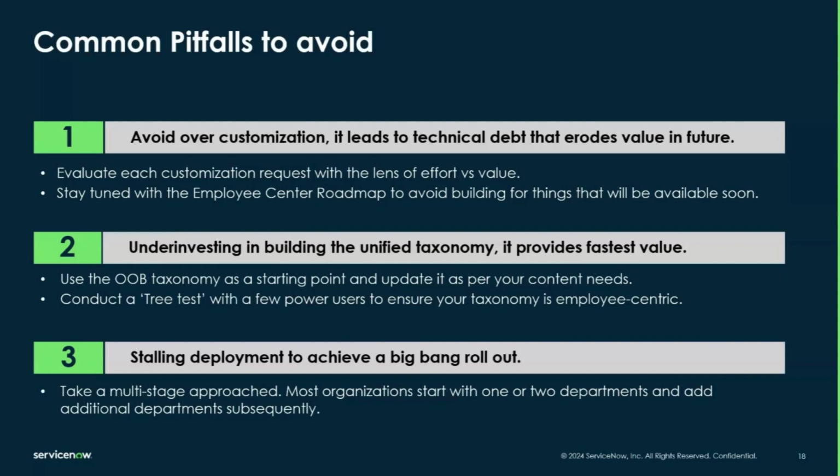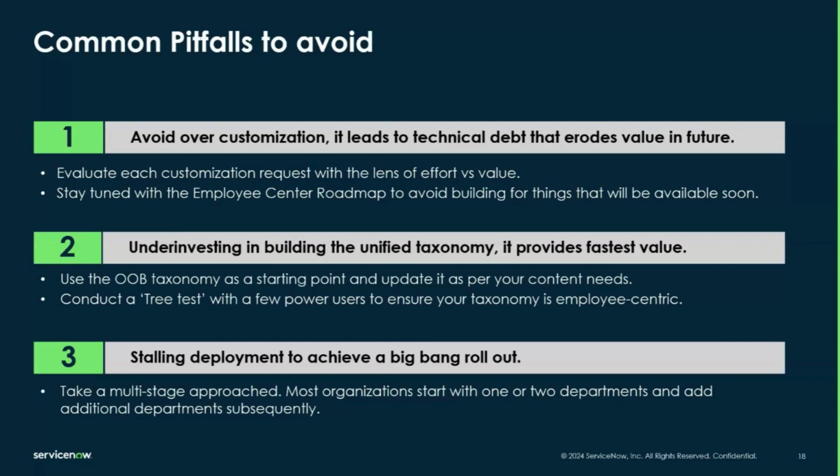The second common pitfall is underinvesting in building the unified taxonomy. Without this, the whole experience you're trying to create with Employee Center will quickly fall short. ServiceNow recommends you invest a ton in building an employee-centric unified taxonomy at the onset to achieve the fastest value for your deployment investment. The good news is that they have an out-of-the-box taxonomy that is a great starting point, so you don't have to start from scratch.